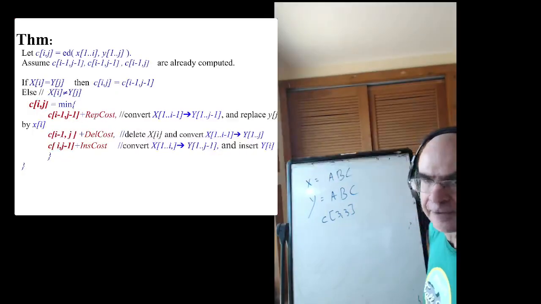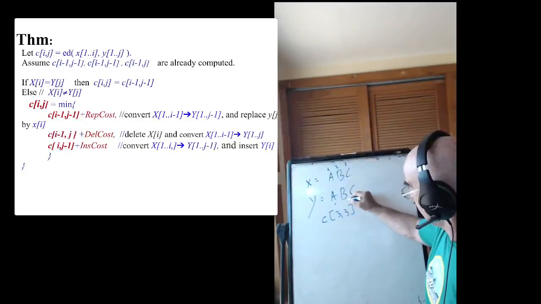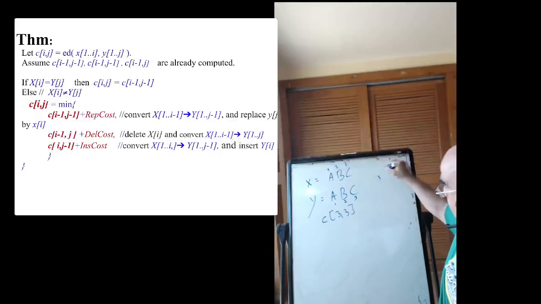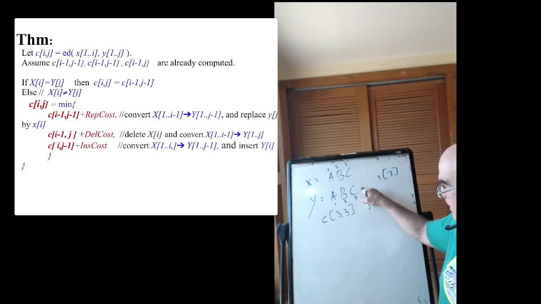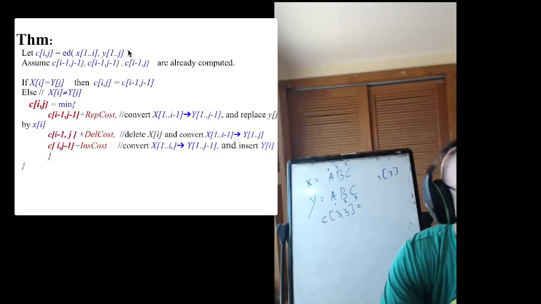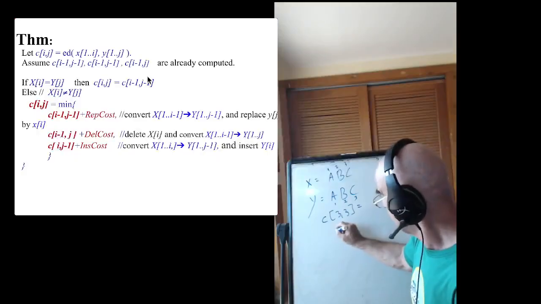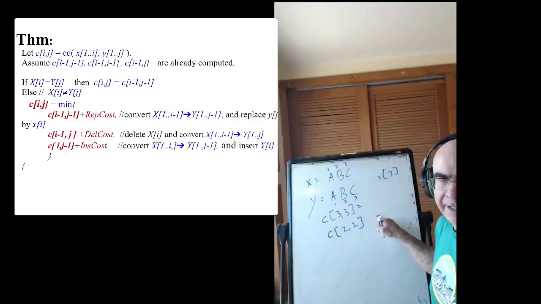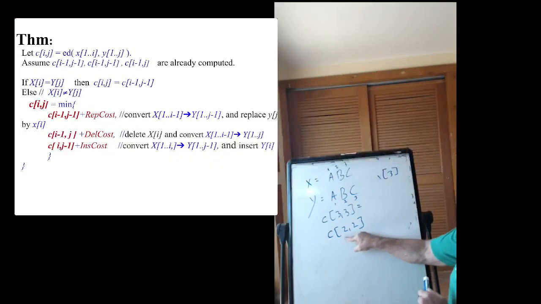Let's give a name, ABC, 1, 2, 3. What is X3? X3 is C. Y3 is C as well, it's the same character. So C of 3, 3, using this theorem, is just C of 2, 2, and you don't need to pay any extra penalty. Remember, the cheaper you get, the better for you. It's just C of 2, 2.